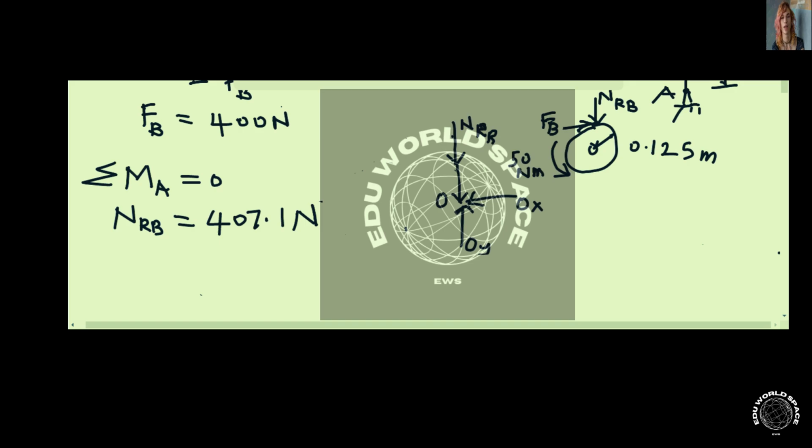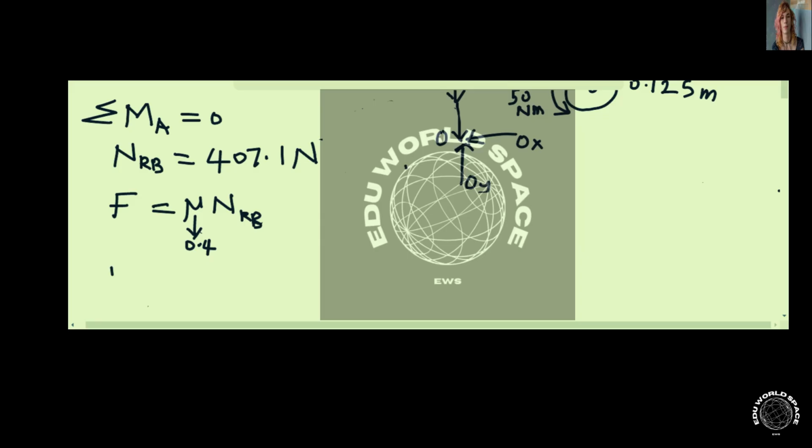Of course, you can see that if you plug in your F, we know F is equal to mu N, where N is the normal reaction at B. So if you plug in your values, using mu as 0.4, you are going to have your frictional force to be equal to 162.9 Newton.